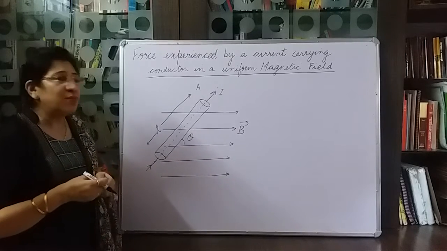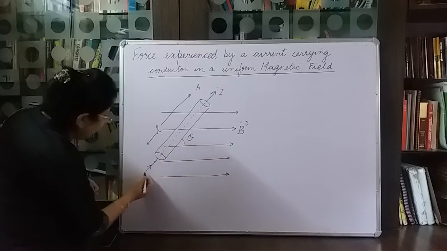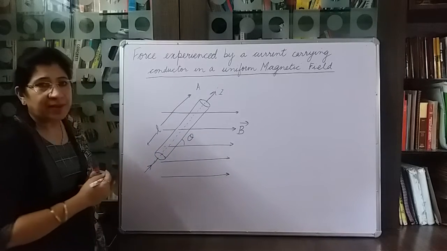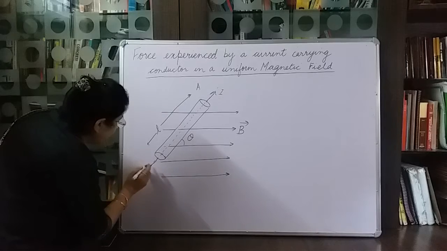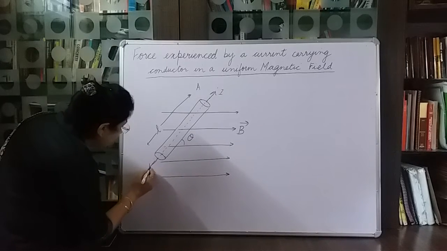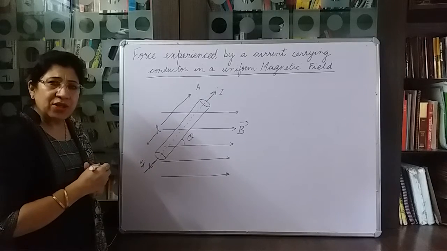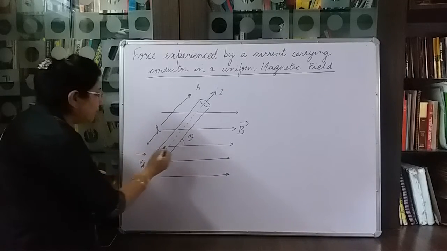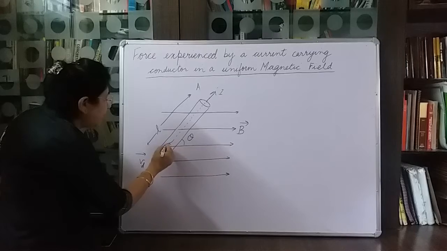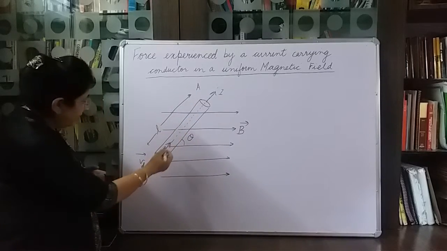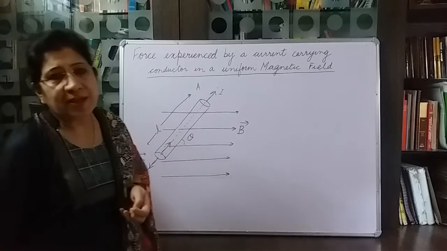The electrons move in a direction opposite to the current, and therefore the drift velocity of the electrons is in a direction opposite to the current. The direction of current being upwards, Vd is in the opposite direction.